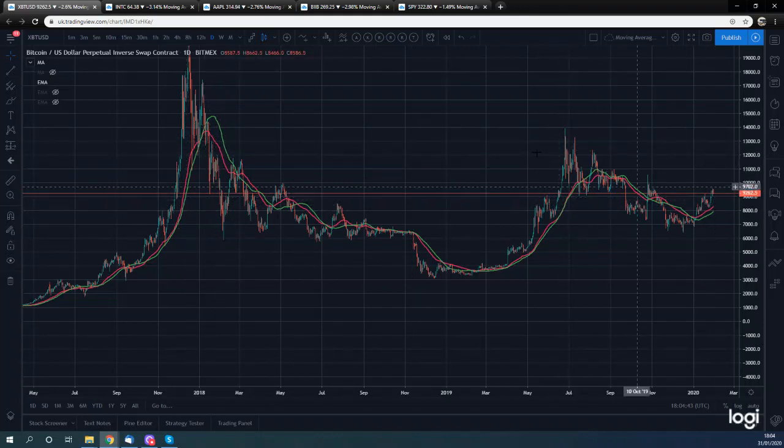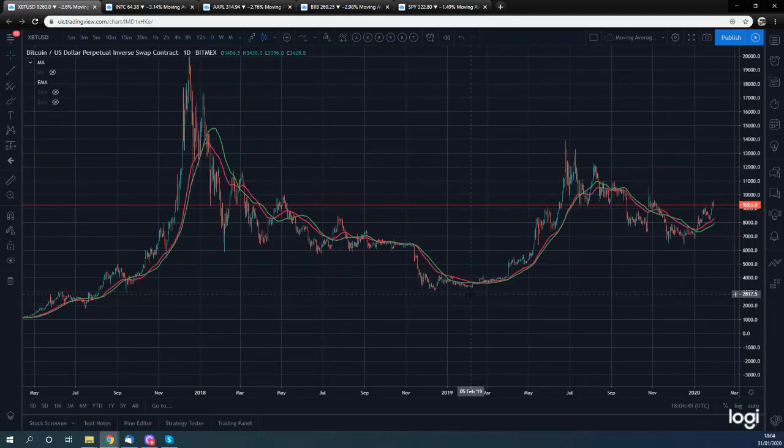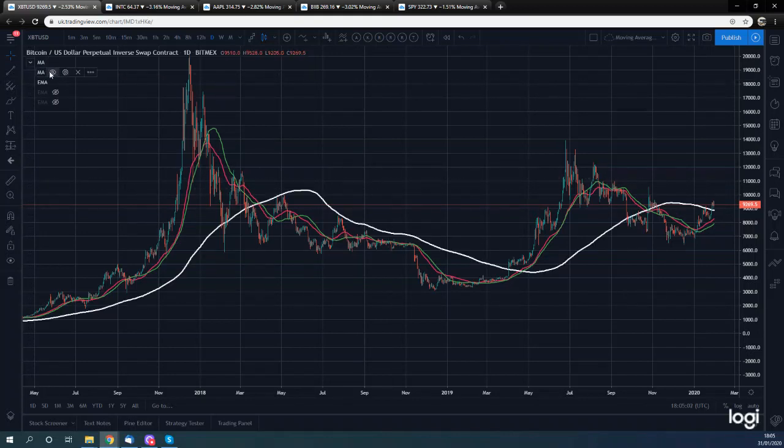And the difference on a 50 period between the exponential and simple is marginal, especially in a sideways market. It's not going to matter so much, the weighting over that 50 days, if all the data is relatively similar.